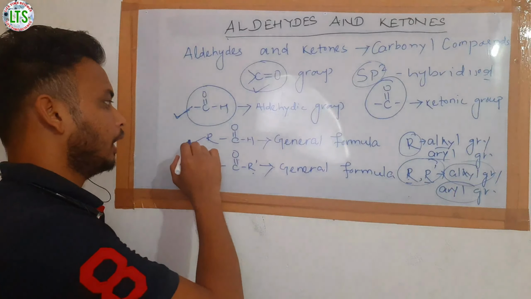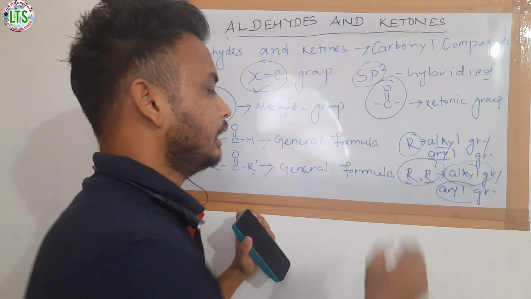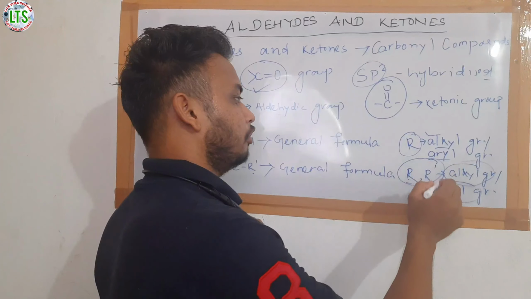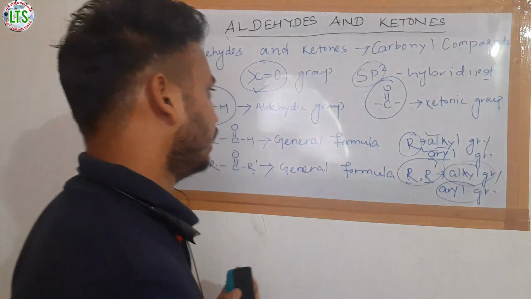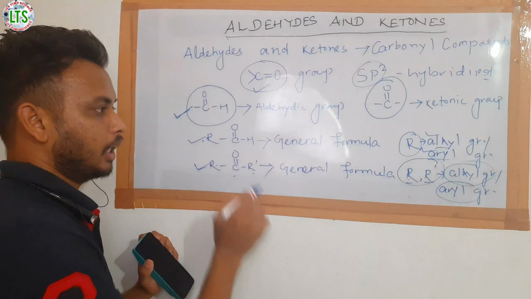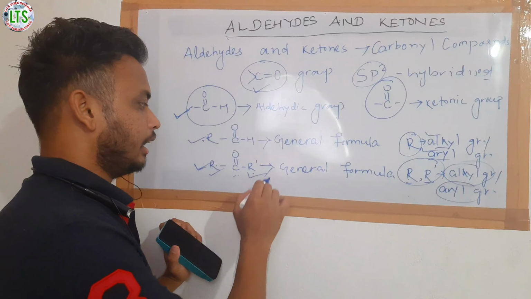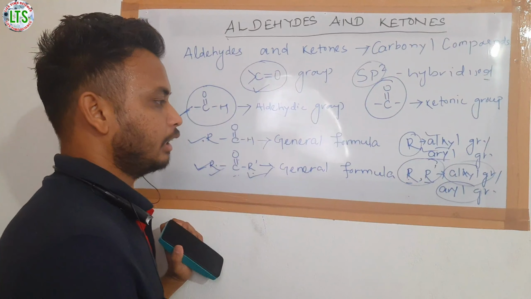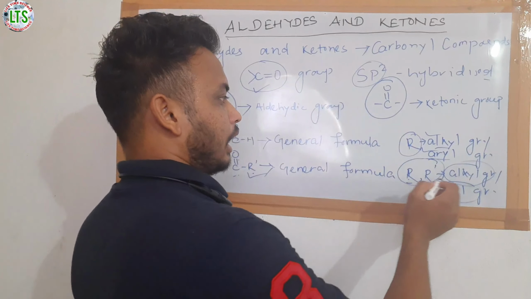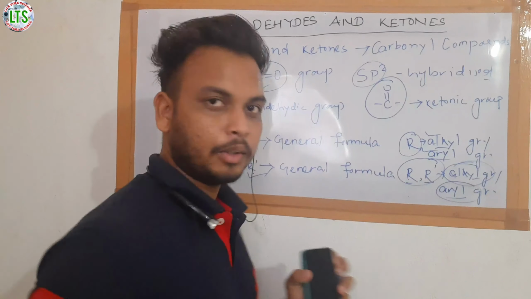The general formula of aldehyde is RCHO, where R may be an alkyl group or aryl group, and the general formula of ketone is RCOR', where R and R' may be the same or different, and may be alkyl or aryl groups.